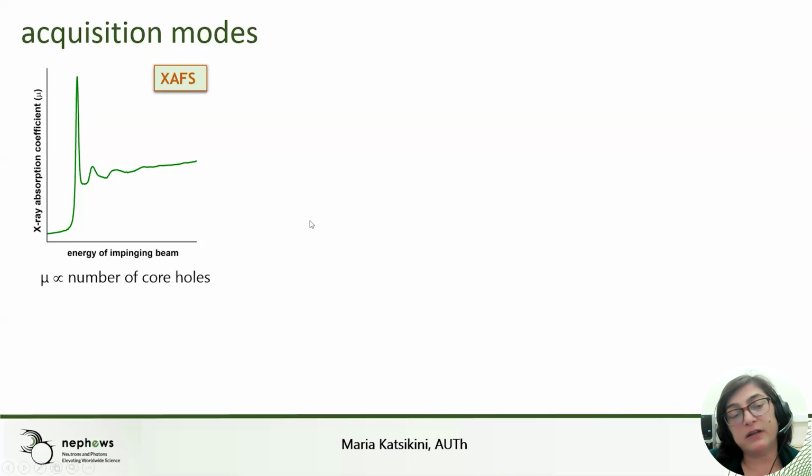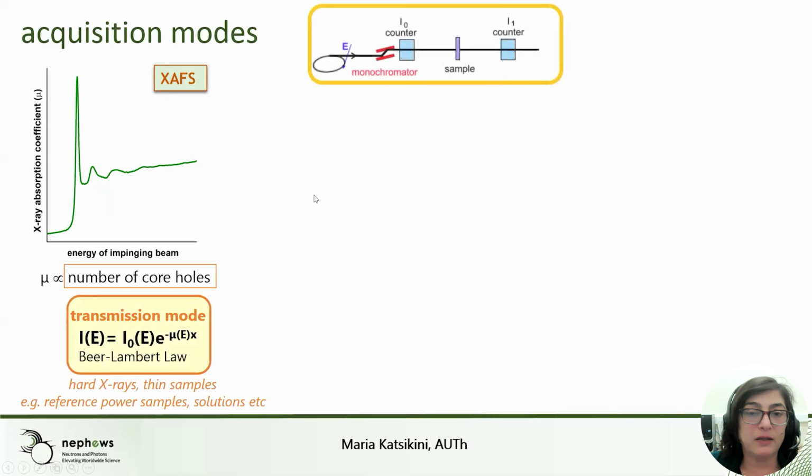Now, there are different acquisition modes for the X-ray absorption fine structure spectra. The most common way is the transmission mode, where the sample is positioned between two detectors, ionization chambers. One counts the intensity of the impinging beam, and the other one counts the intensity of the transmitted beam.